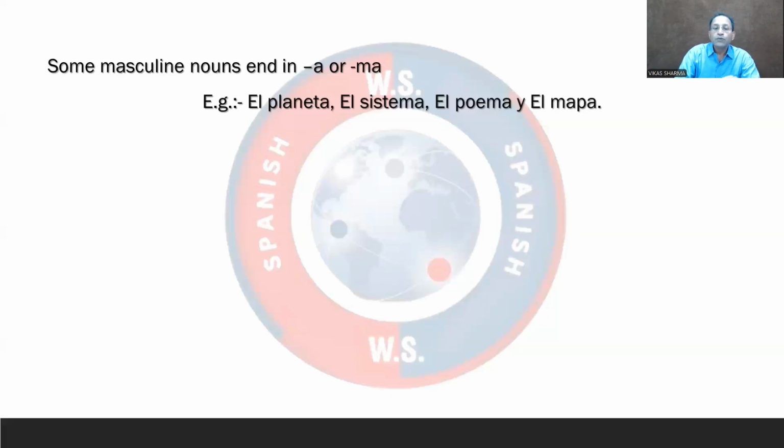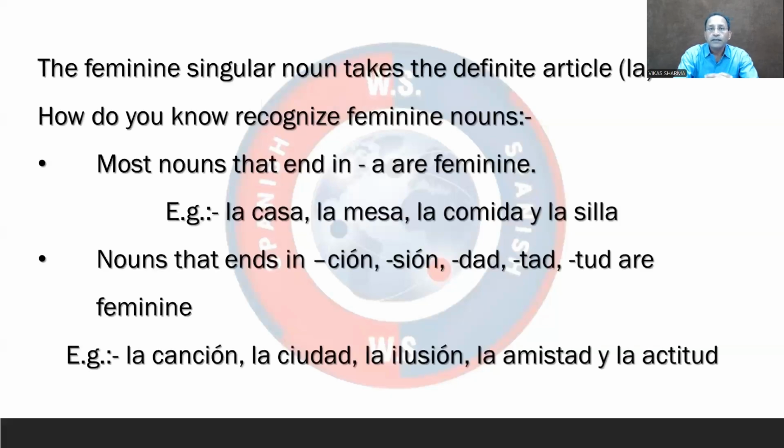Now, let's move on to the feminine noun part. The feminine singular noun takes the definite article la. Whenever you write la before the noun, it denotes you are talking about feminine nouns.